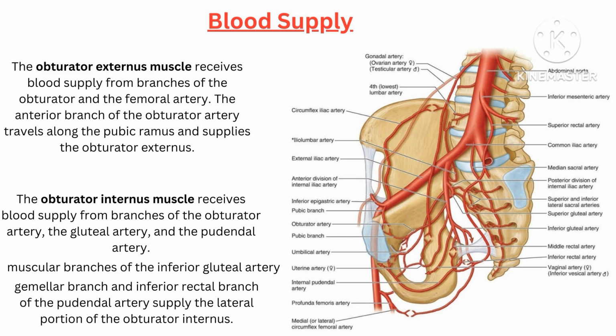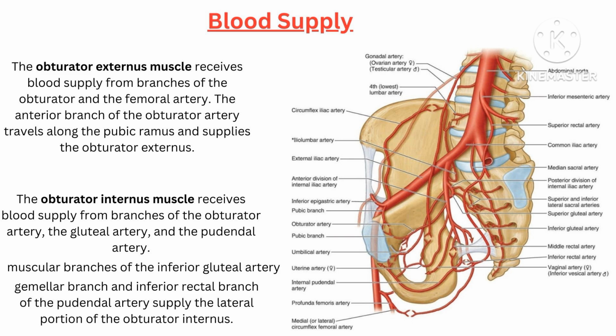Blood supply and lymphatics. The obturator externus muscle receives blood supply from branches of the obturator and the femoral artery. The anterior branch of the obturator artery travels along the pubic ramus and supplies the obturator externus. The MCFA is the branch off of the femoral artery and also provides vascularization to the muscle.